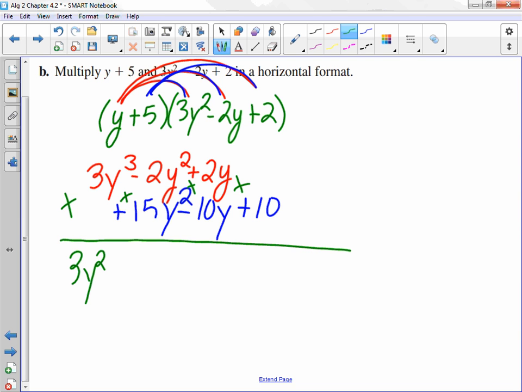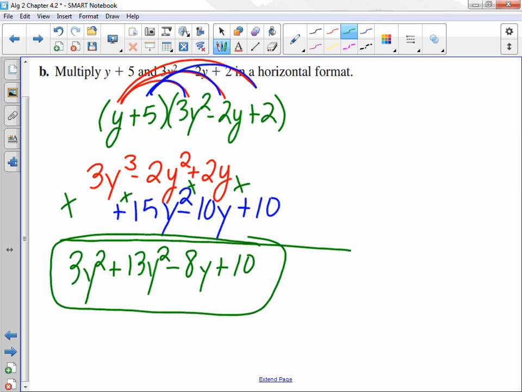Negative 2y squared plus 15y squared would be plus 13y squared. 2y plus negative 10y would be minus 8y. It's not really any different, is it? This here is just an easier way to line them up, yes? It's just an easier way to line them up. Questions on this here?